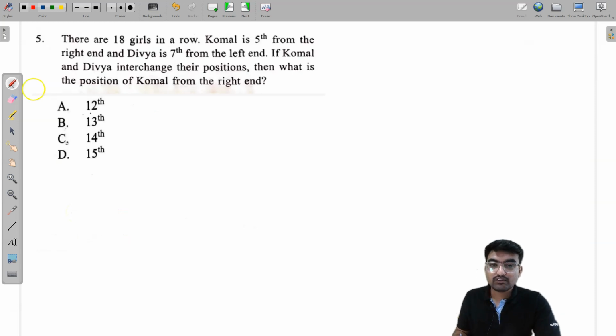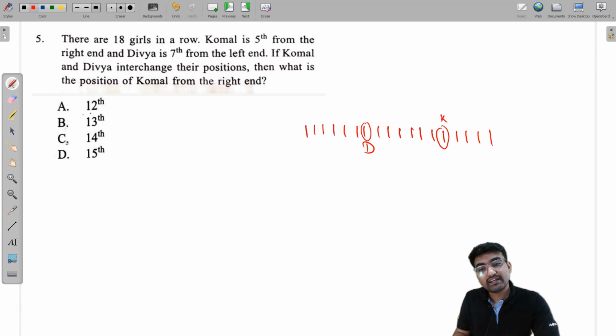Now next question, question number 5. There are 18 girls in a row: 1, 2, 3, 4, 5, 6, 7, 8, 9, 10, 11, 12, 13, 14, 15, 16, 17 and 18. Komal is 5th from the right end, and Divya is 7th from the left end: 1, 2, 3, 4, 5, 6 and 7. Here is Divya.